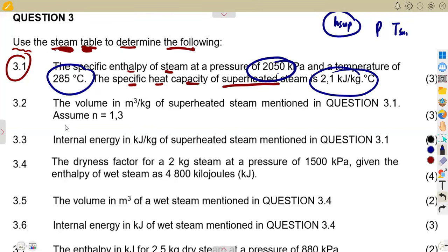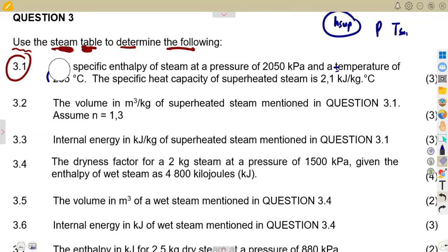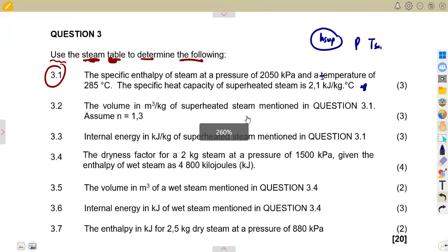So that's why they give us the specific heat capacity of the superheated steam, so that we go back and use the normal steam table. We are no longer using the superheated steam table. So be careful about this question. It can be an easy question on sight like this, but they might not give you this specific heat capacity. You must know that.